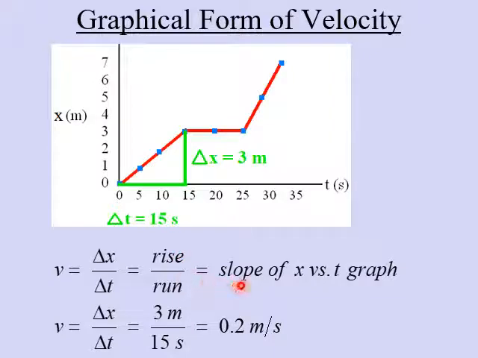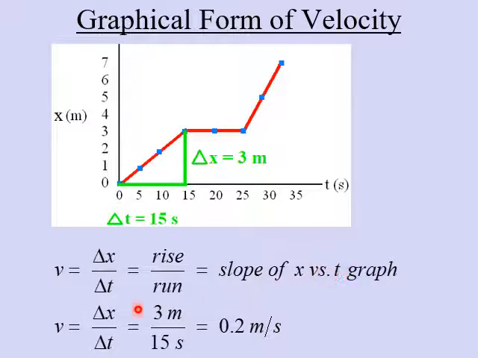That's the definition of the slope of a graph. So this is one of the powerful advantages of using graphical representation of motion, is that by graphing position versus time, we can calculate velocities by calculating the slope of the graph. And we'll be looking at this a little bit further in the next few slides as well.